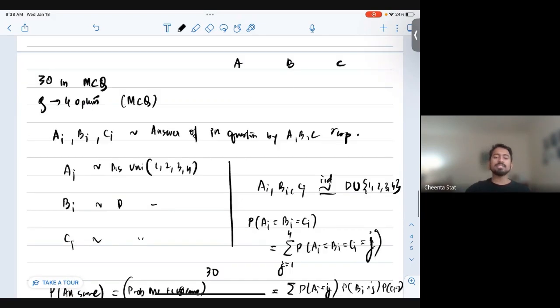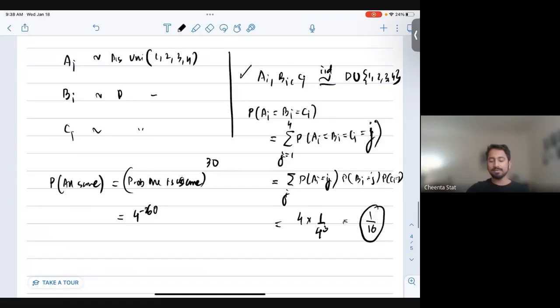So Ai, Bi, Ci all have the same distribution, and they're independent. So I calculated the probability that Ai equals Bi equals Ci, using the law of total probability. The possibilities are that they're all equal to j, 4 possibilities, so we sum over j from 1 to 4, which is the same option: option 1, 2, 3, or 4.